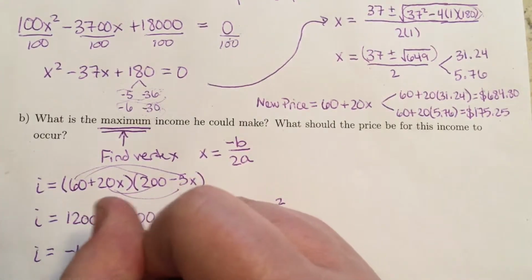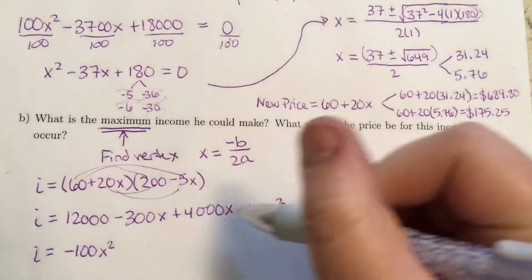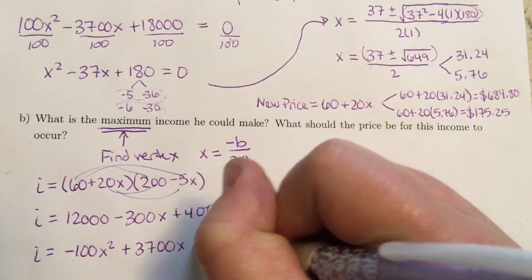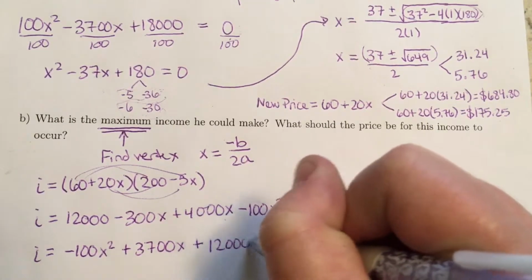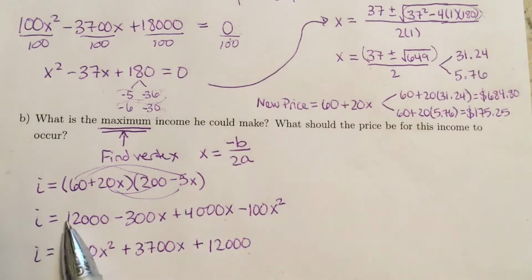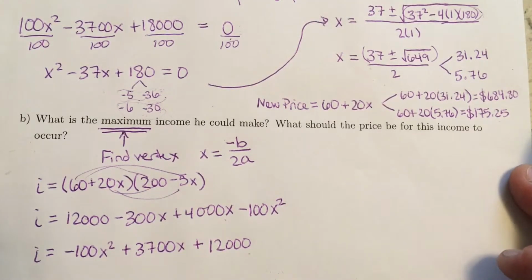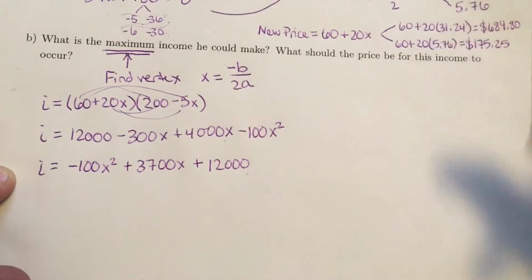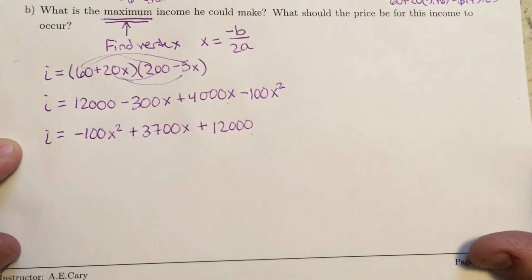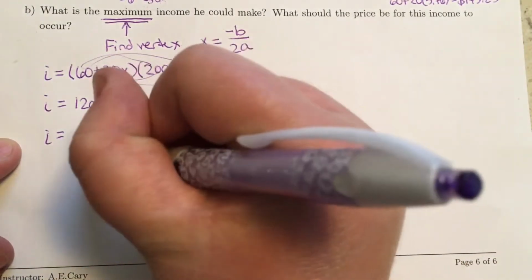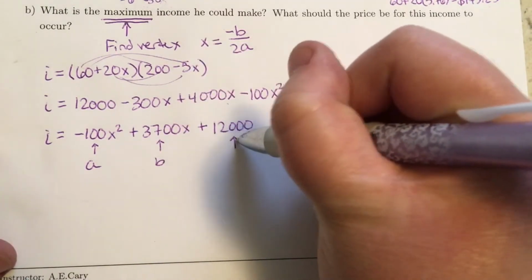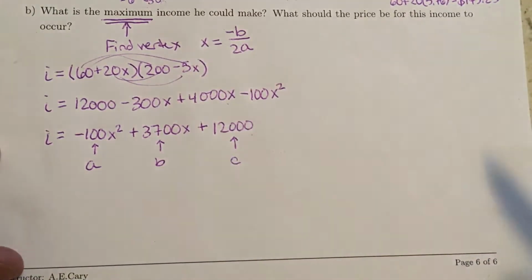So I is negative 100x squared plus 3,700x plus 12,000. Make sure the plus goes with the numbers that are positive. So now our A is negative 100, our B is 3,700, and our C is 12,000.